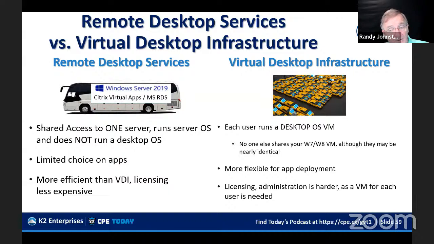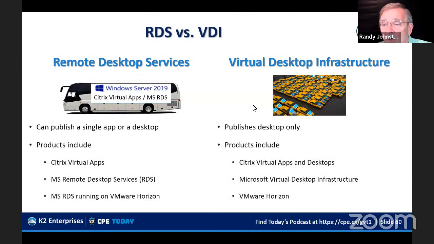It's more flexible for app deployment, but the licensing and administration is actually harder as a VM for each user is needed. Well, if you think about RDS versus VDI, then with RDS, you can publish a single app or desktop, and the popular products include the ones that I've listed here, same as what we were talking about earlier. If you're doing a VDI, it publishes the desktop only, and you've got these three products that I think represent the market.